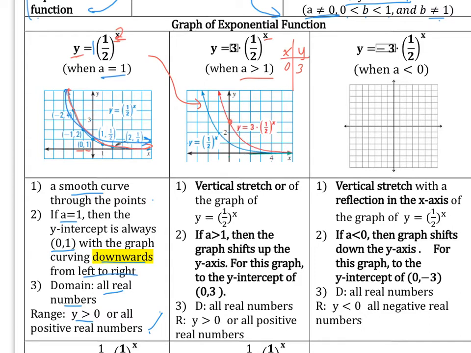So I notice that there's a shift upwards along the y-axis. And if I plug in another point, such as 1, then y is 1.5. So (1, 1.5). And as long as there's 2 points, we can draw the graph.